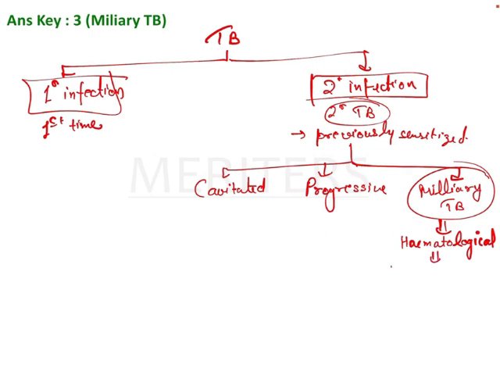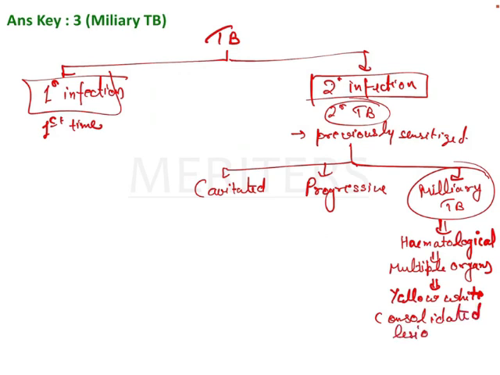The hematogenous spread goes to multiple organs of the body, that can be spleen, kidney, liver, and there it leads to the formation of yellow-white consolidated lesions, and this particular form of TB is known as miliary tuberculosis.